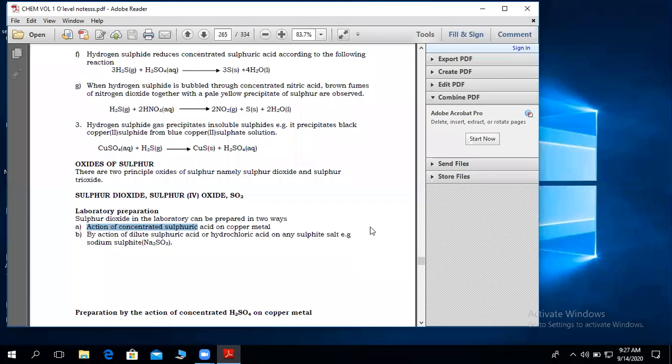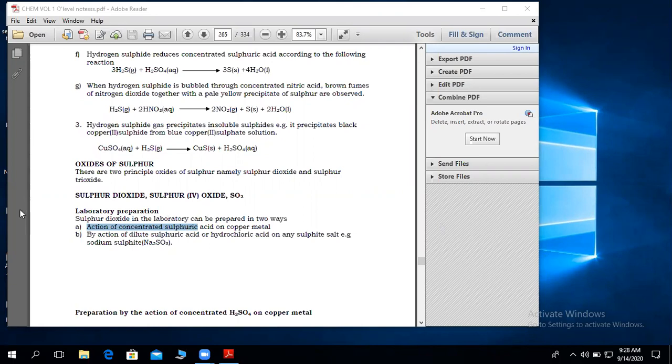I repeat, the condition for using copper metal to prepare sulfur dioxide gas is that you must use concentrated sulfuric acid. If you have your notes there, underline this like 4 times. The condition for preparing sulfur dioxide gas using copper metal or copper turnings is that sulfuric acid must be concentrated.